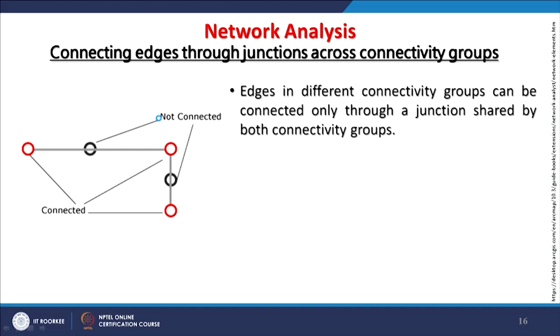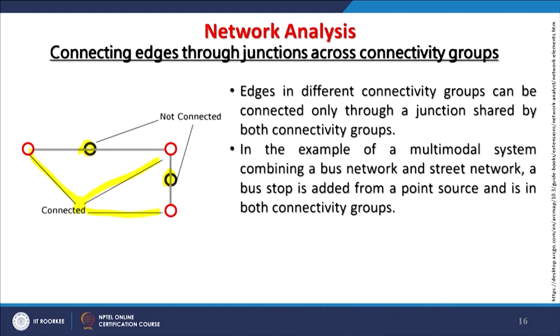So, here, this is not connected by any other group, and this black circle, though maybe a junction, is not shared by any other group. The only one which is connected is this one, with this thick black line and gray line, and another one is this one, which is a relatively thin line. So, two networks are there.